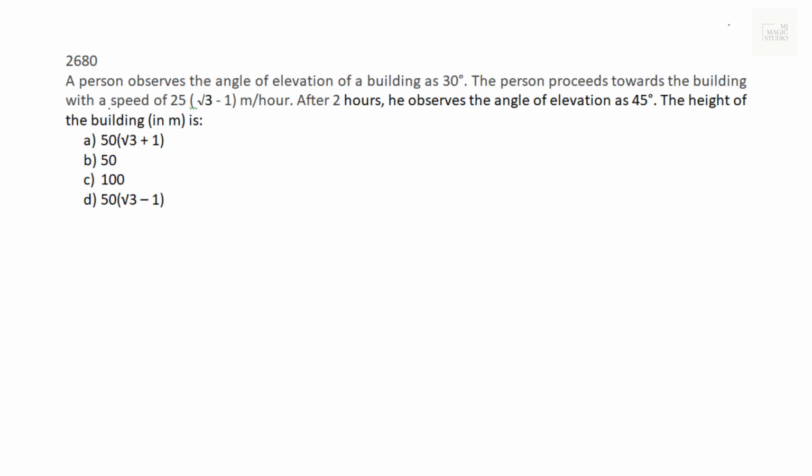A person observes the angle of elevation of a building as 30 degrees. From this point, the angle of elevation to the top of the building is 30 degrees. The building height is x.